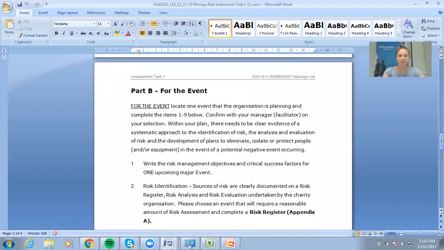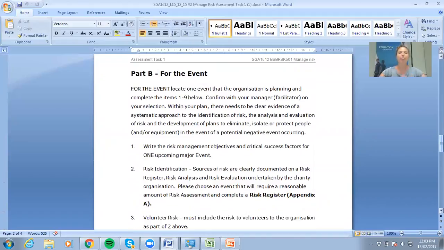Alrighty, that's part A covered. Now we're going to look at part B, where we're going to be using those multiple attachments that I've spoken about that I'll need you to have downloaded from your LMS. So part B for the event, okay, locate one event that the organisation is planning and complete the items 1 to 9 below.